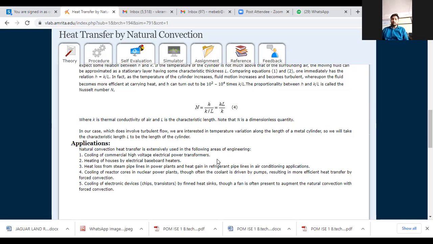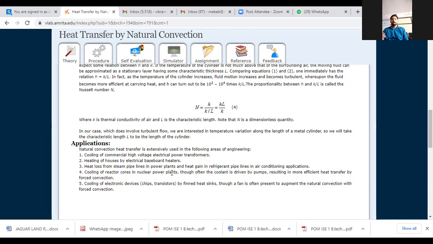Then we know that there are steam pipes which are used to transfer steam from the boiler location to the application of that steam. Okay, so the heat lost from that steam pipe to the external environment, or the loss of energy, is also considered a natural convection part.